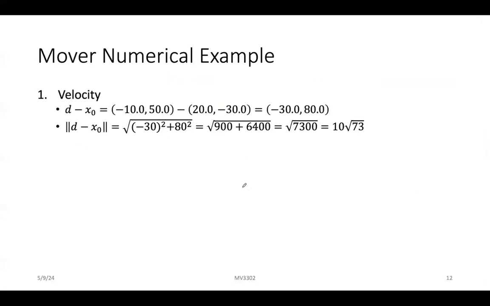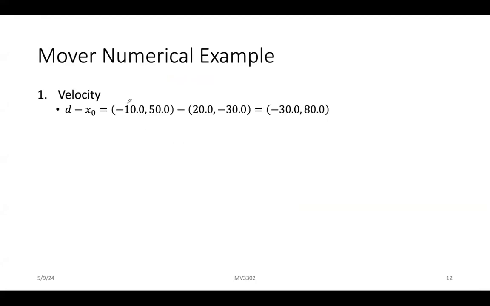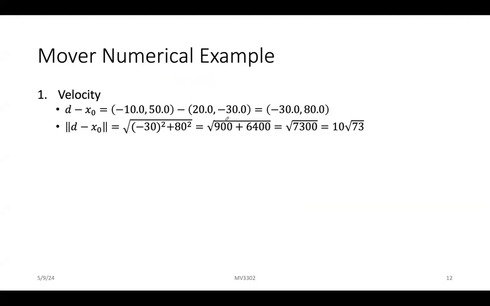Okay, so based upon our data, to compute our velocity, first we take the difference in position, which would be (-30, 80). Then we take the magnitude of it, which is the Euclidean distance, the square root of the sum of the squares, so here, 10 root 73.